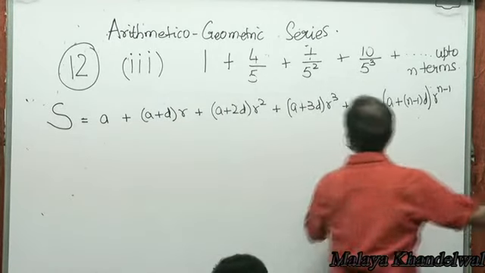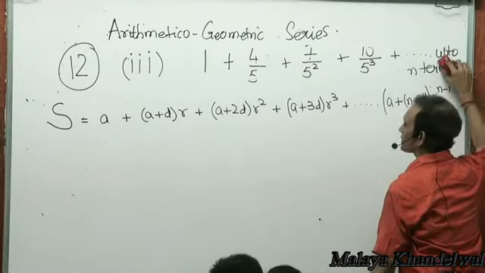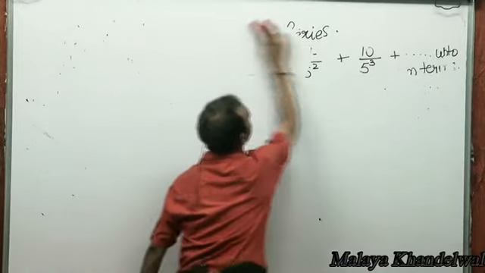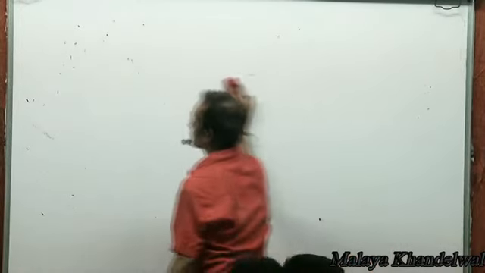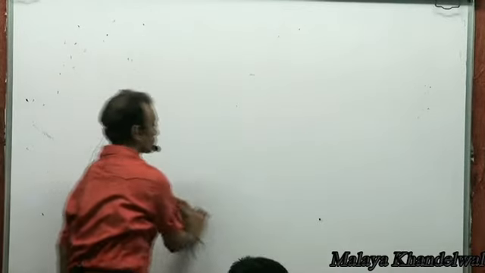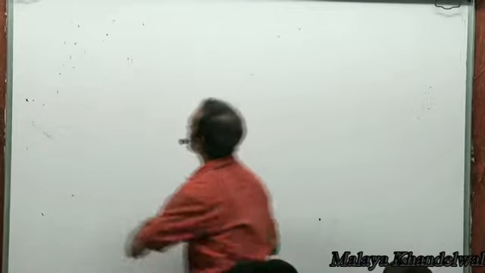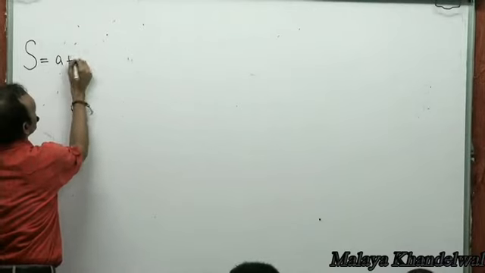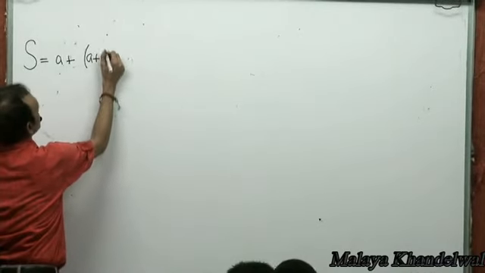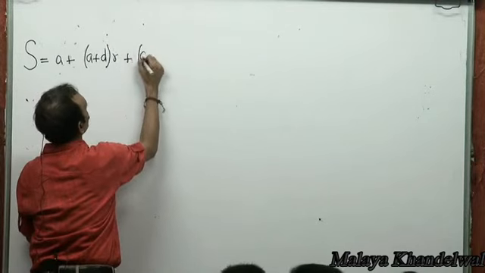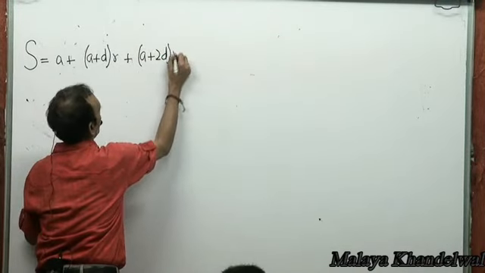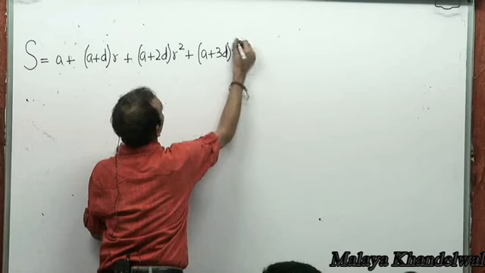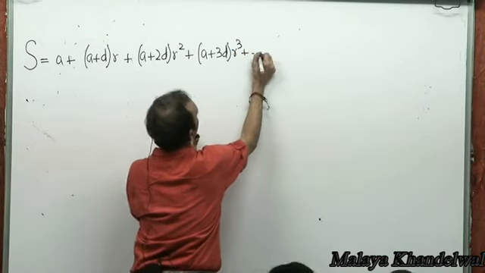Now, I just need a little more room, so I'll shift the whole thing. Let me remove the clutter and rewrite this so that there is ample space. A plus D into R, A plus 2D into R squared, A plus 3D into R cube, going this way.